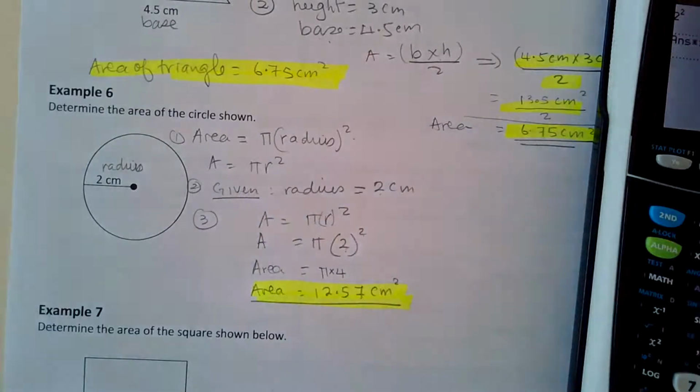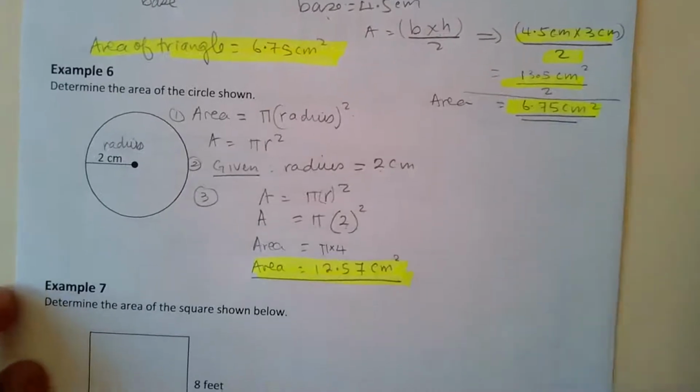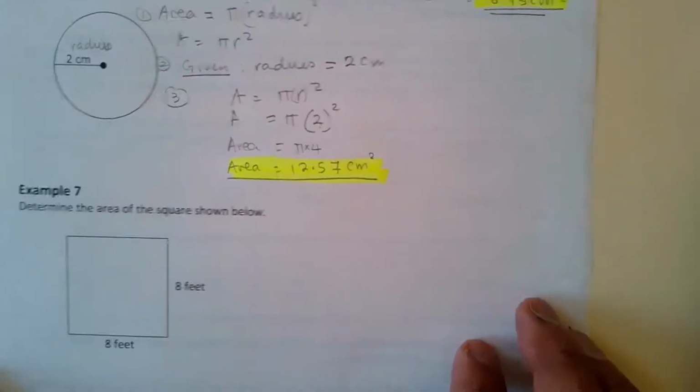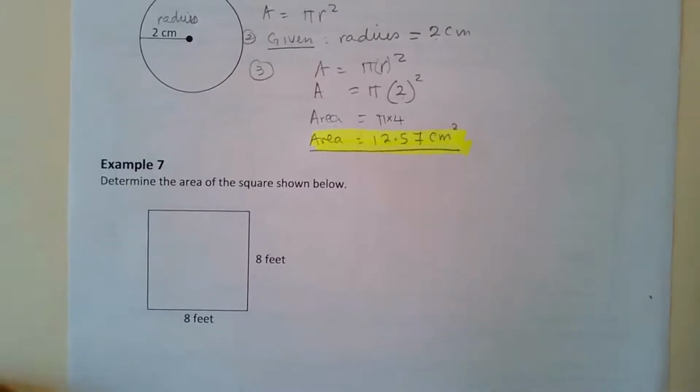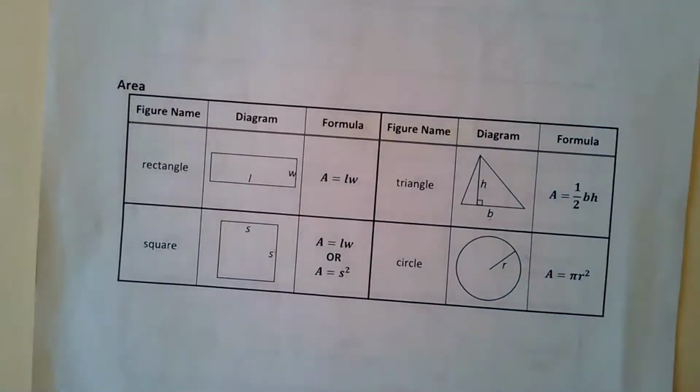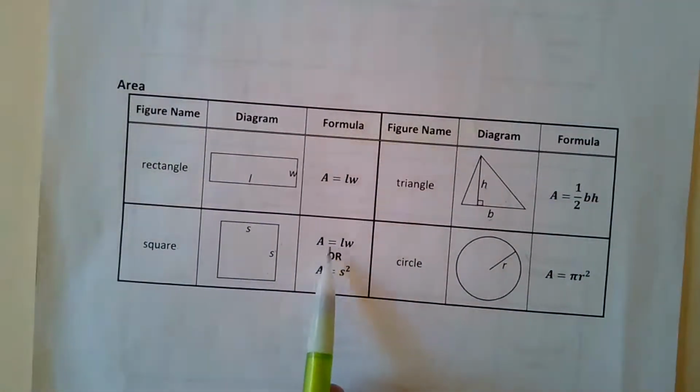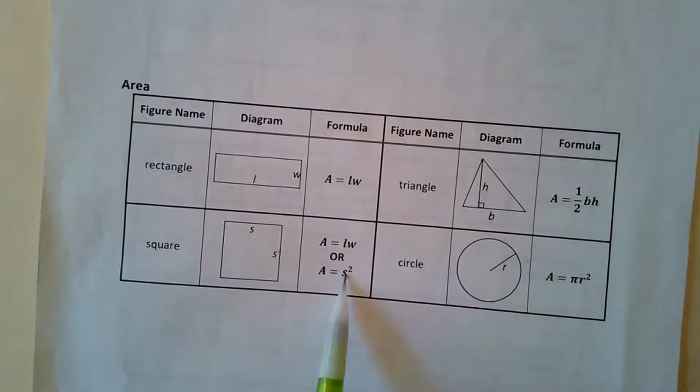Our final example in this lesson on determining perimeter and area is to find the area of a square. Go back to our formula sheet. We're given area is length times width, or side times side.